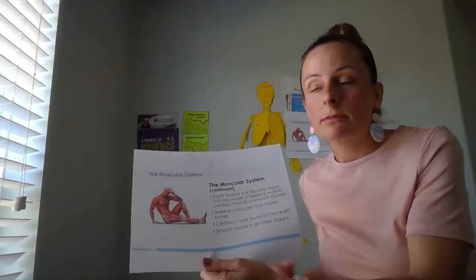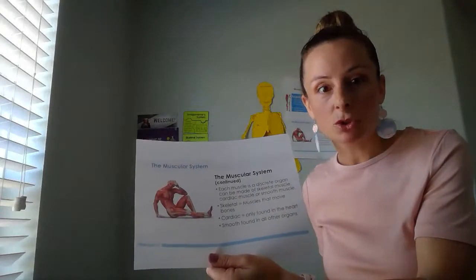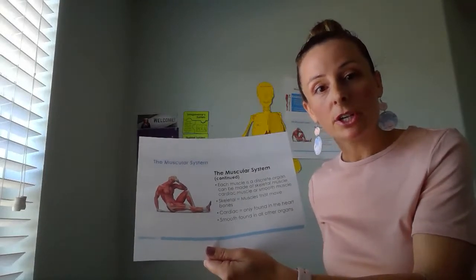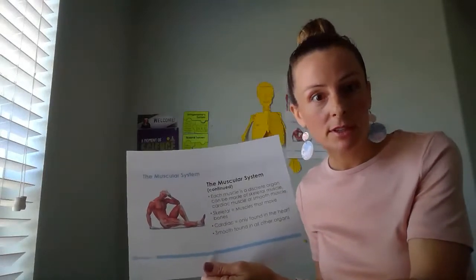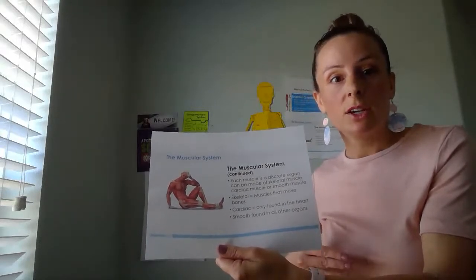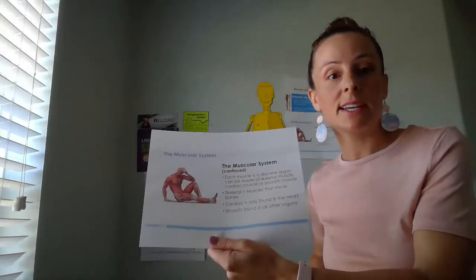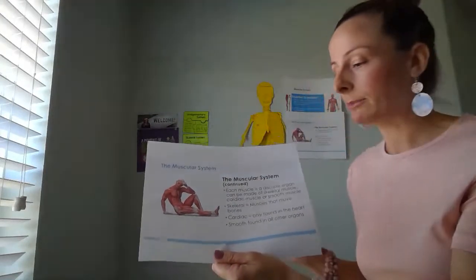And so if you don't want to get out of bed, guess what? You don't get out of bed because you have control over your muscles. However, when you're ready to get out of bed and actually be productive, yes, hopefully some of you guys are doing that, then you have control over that. You tell your body, all right, let's get out of bed and let's go do some schoolwork.